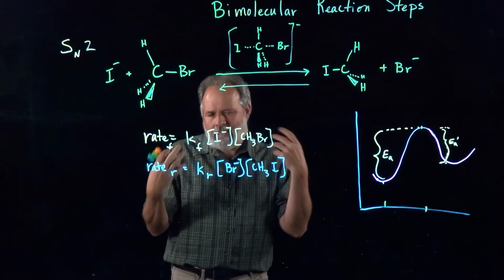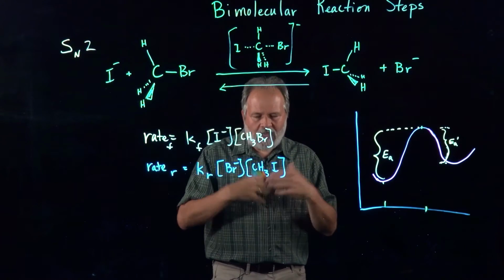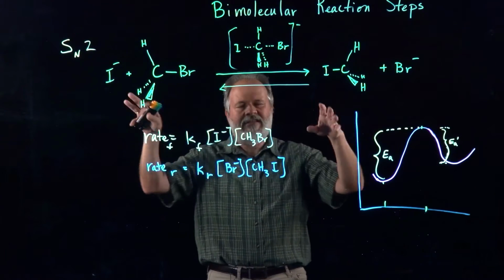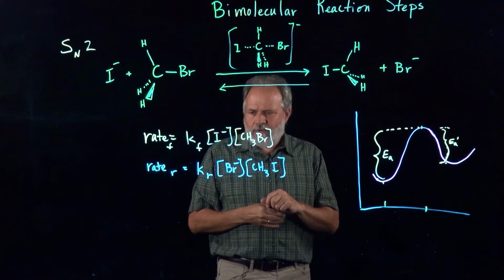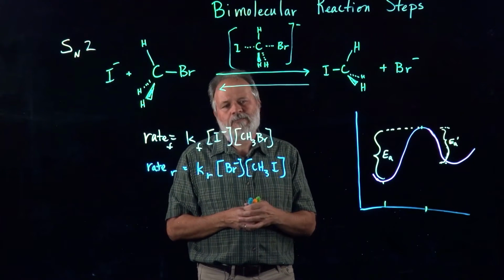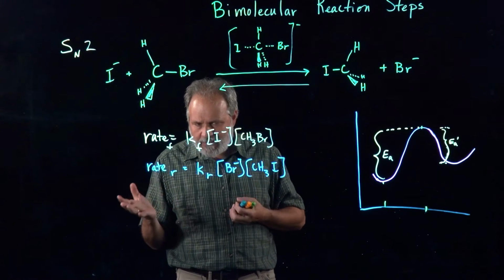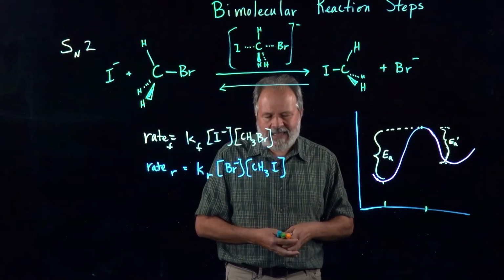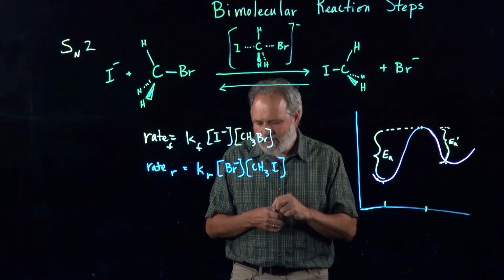And of course, at thermal equilibrium, where the rates are equal, we'll have a certain composition, so many of each type of molecule. Okay, so that is an example of a bimolecular reaction step. So you should be able to write, given a reaction, if it's a molecular step, what the rate law expression is. It should be real easy to calculate.